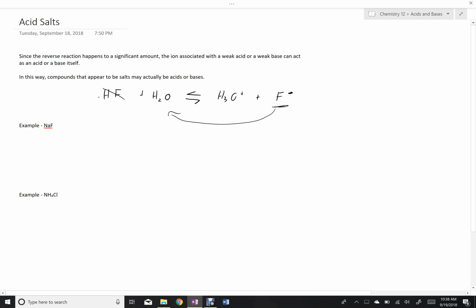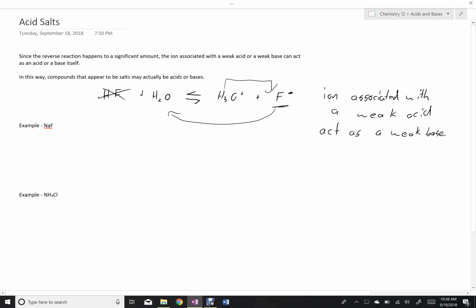So if the HF hadn't existed in the first place, an acid-base reaction would still happen when the reverse reaction happened, and F-, which is the ion associated with a weak acid, would act as a weak base.